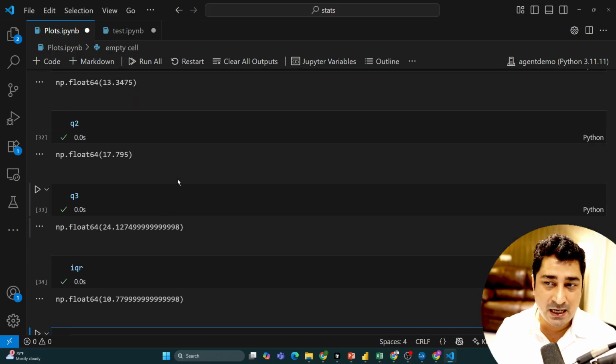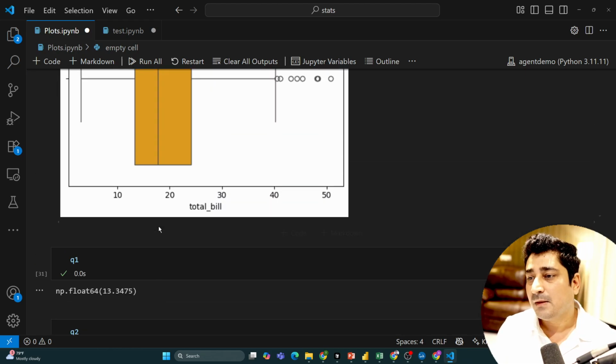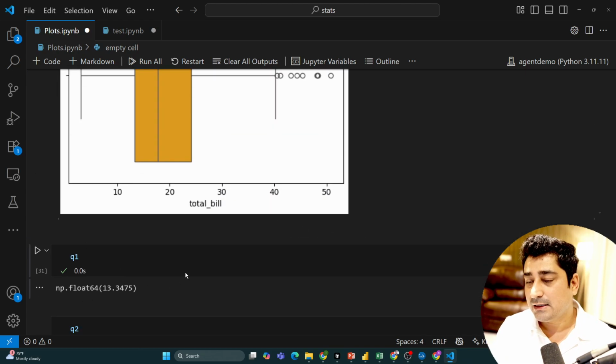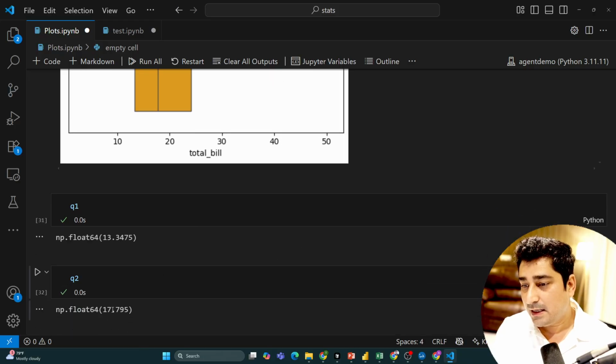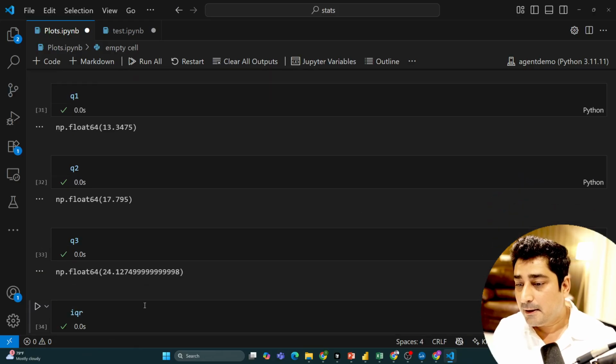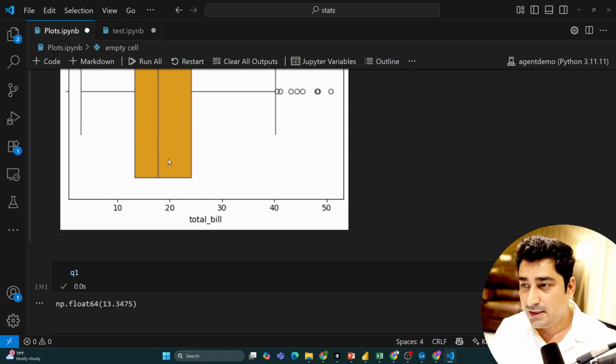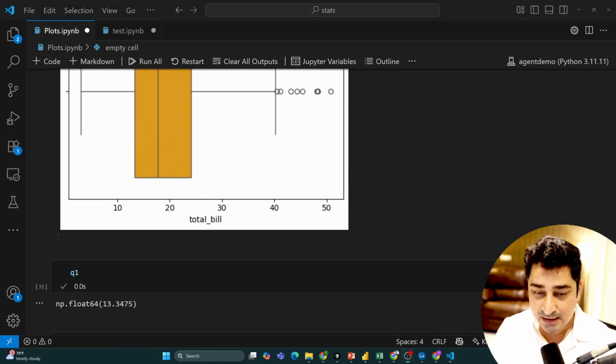This is something which I was able to calculate in my last class, if you remember, right? So here my Q1 is 13 point something, my Q2 is 17 point something, my Q3 is 24 point something. Let's try to understand where these points are represented with respect to the graph.